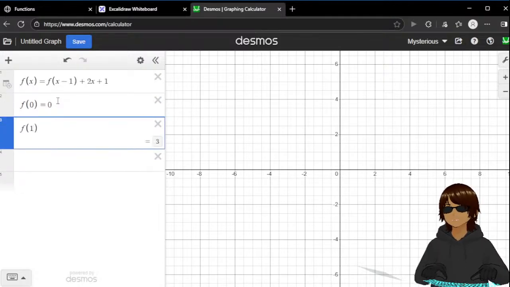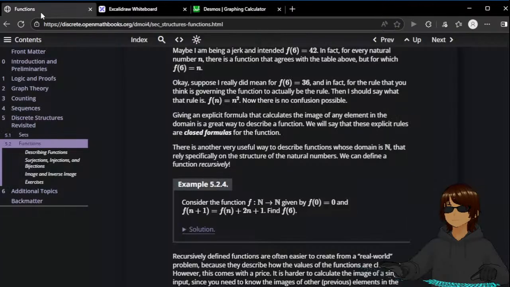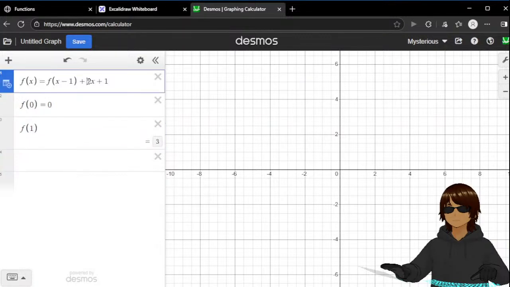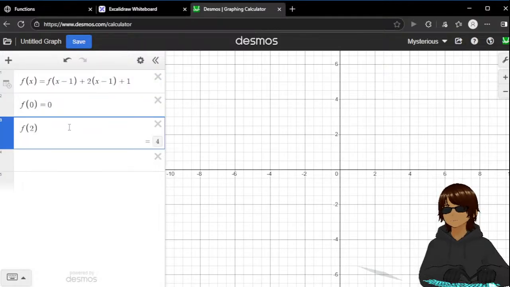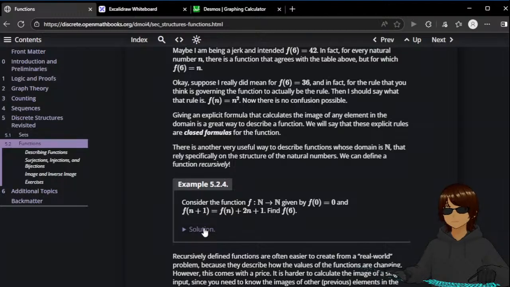You have 1. It should be minus 1. 1, 2, 6 is 36.